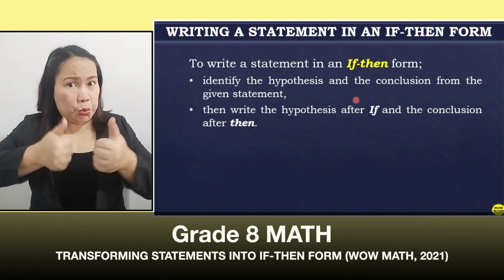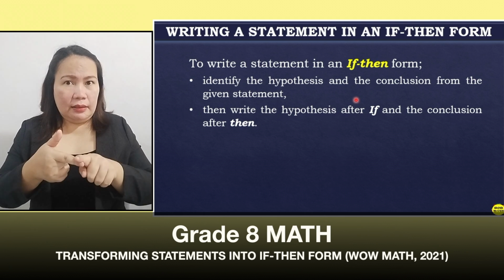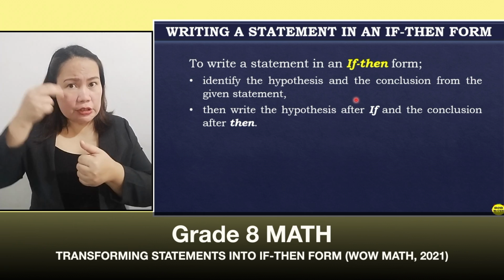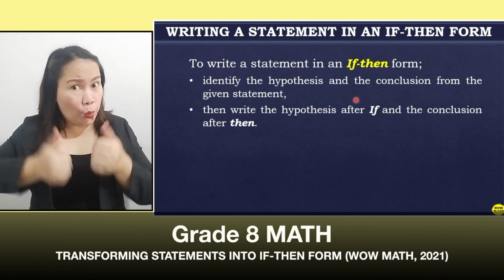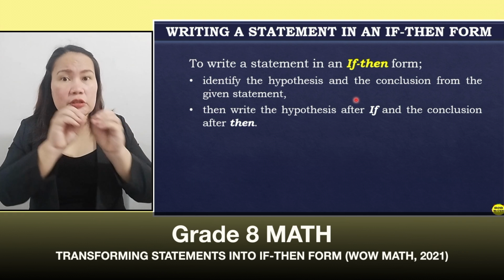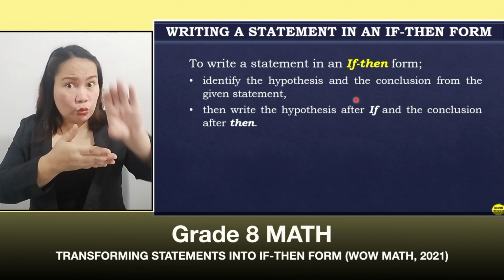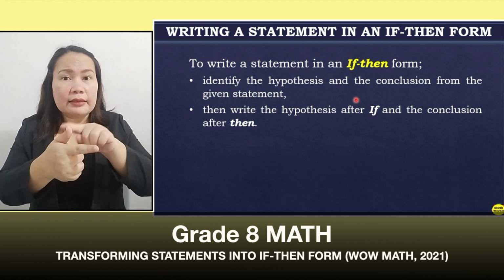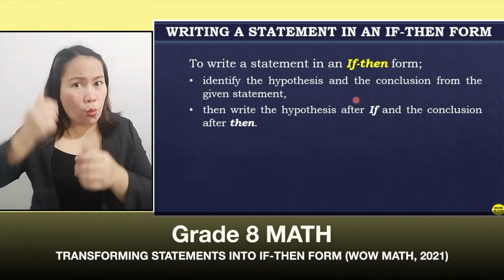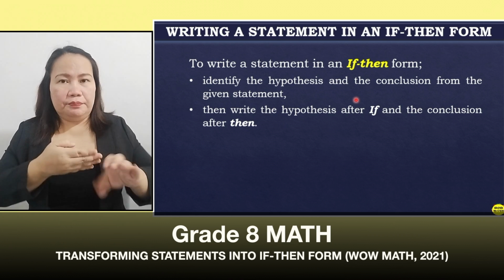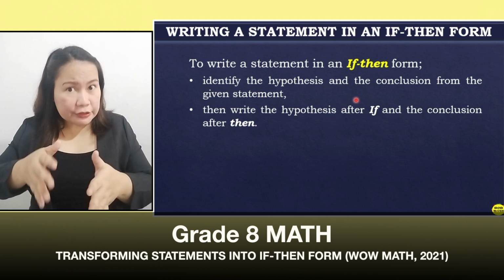Kasi kung alam mo ang hypothesis at conclusion, yung hypothesis mo, ilalagay mo siya after ni if. Yung conclusion mo, ilalagay mo after ni then. Okay? So, dapat tama po tayo ng pag-identify ng hypothesis and conclusion. Then, after identifying, we will write the hypothesis after if and the conclusion after then.